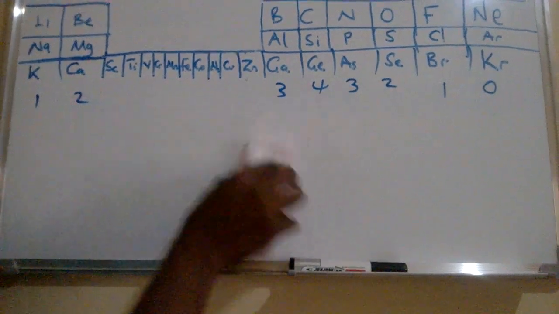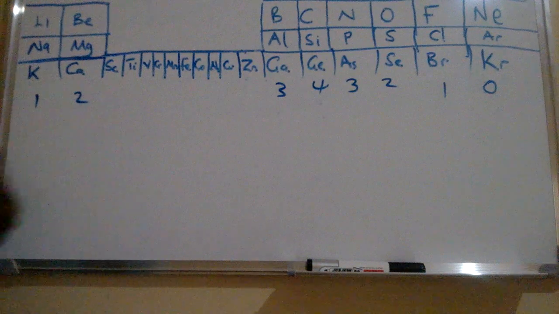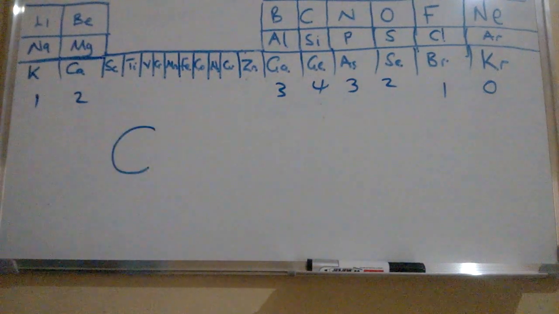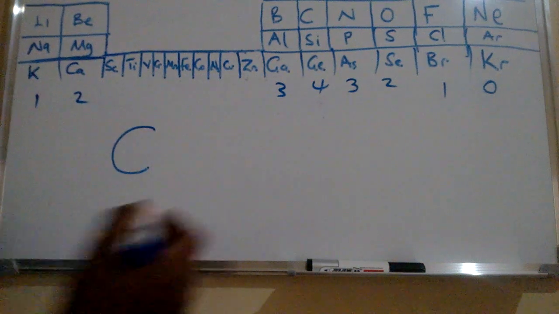So now, first of all, if, for example, we want to write the chemical formula for carbon dioxide, we should be able to understand that the letter that we represent carbon with is capital C. So write capital C there. And then let's say it combines with oxygen.